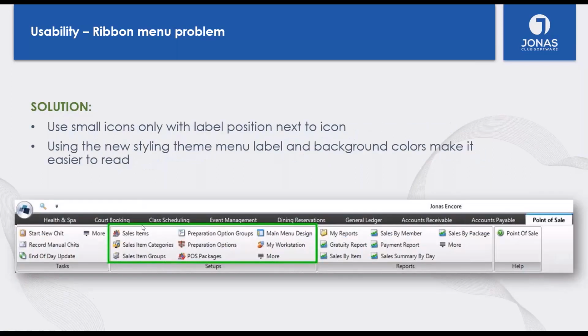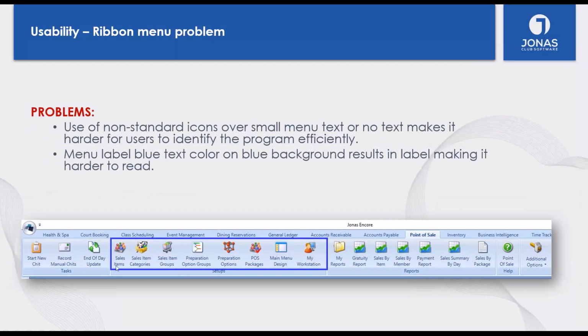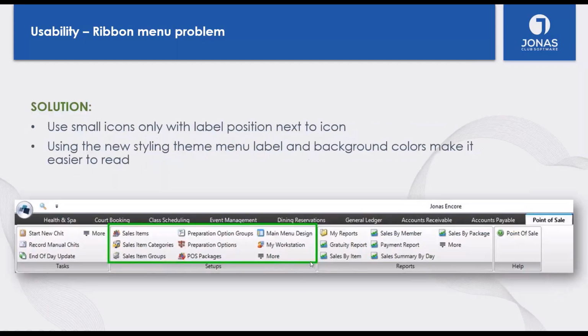For that reason, we wanted to make sure that we can pop the text label, which is more important. The menu name is more important to your users to identify things, so we made those icons small and kept that text. So here's a good example of what it would look like for a user with this ribbon favorite setup, and what it would look like under the new theme.